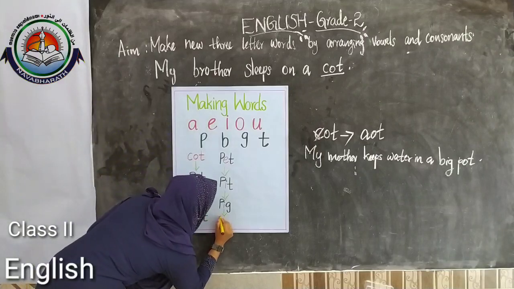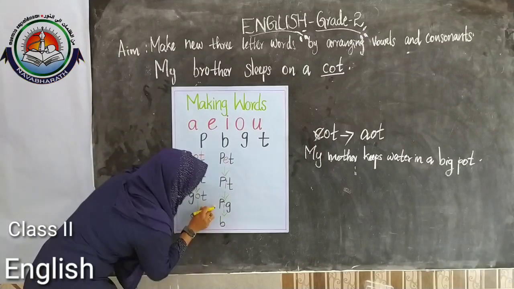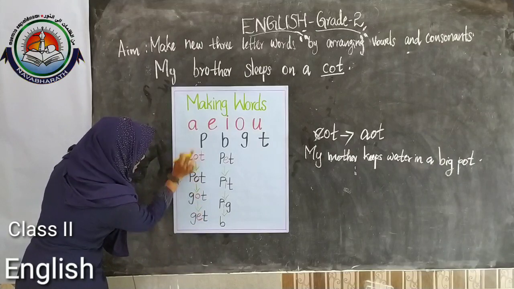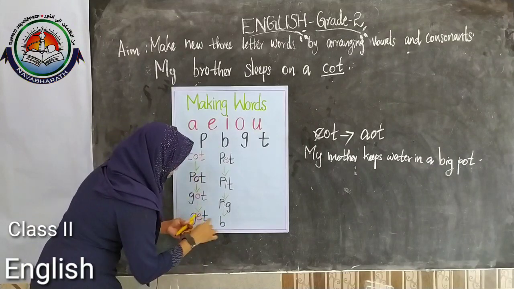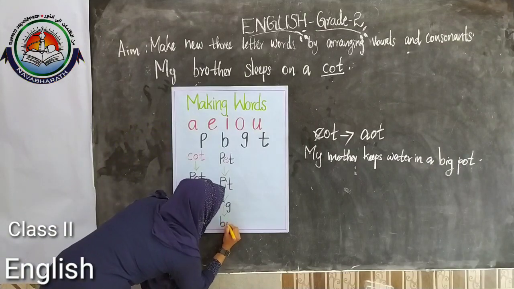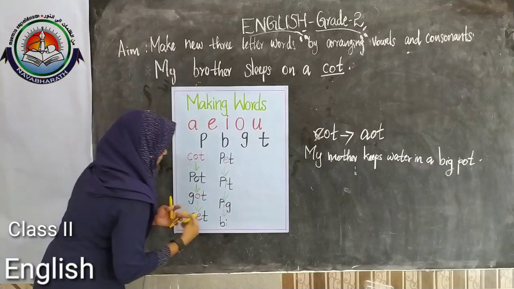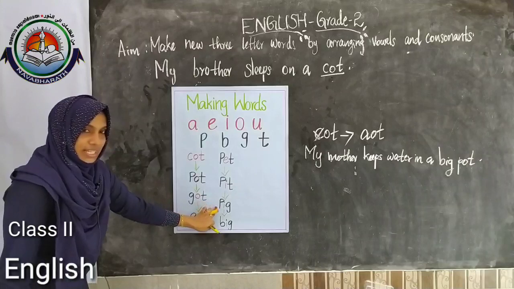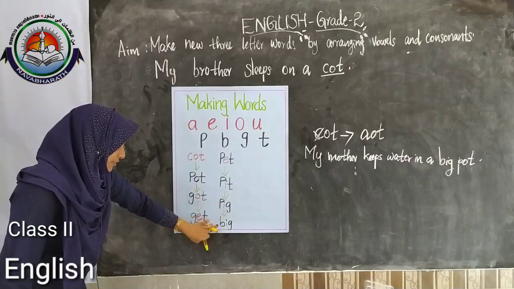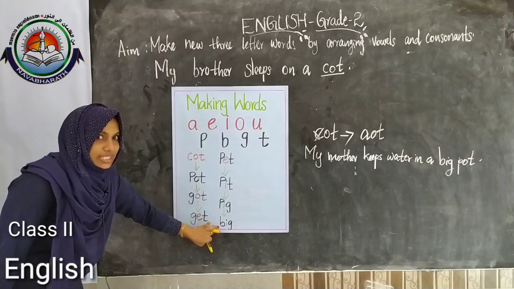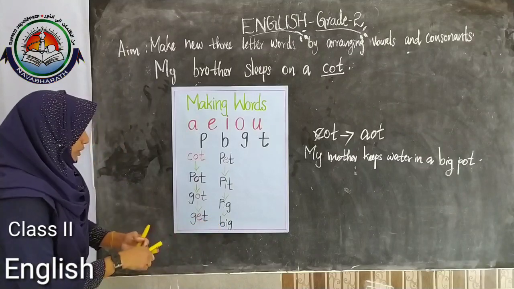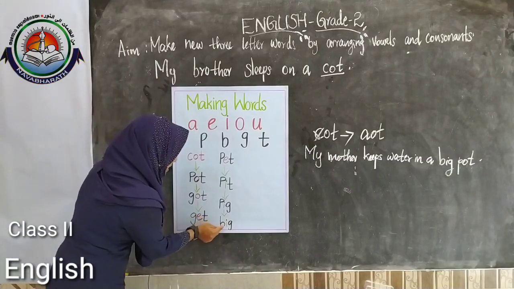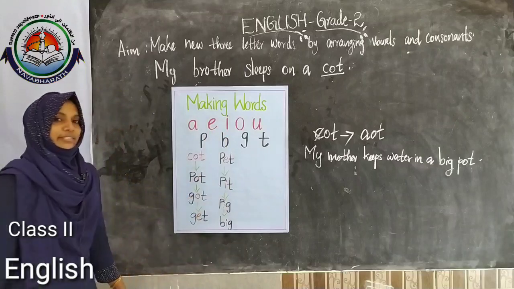So let's write, we replace this P letter with this B. So B, then I, then it is G. So from the word pig we got a new word. It is big.